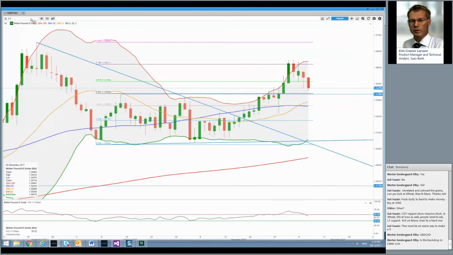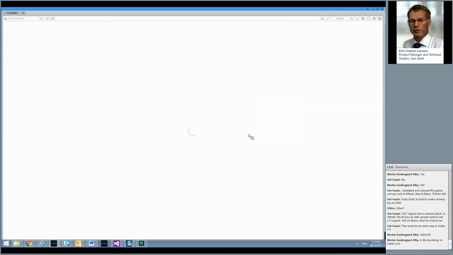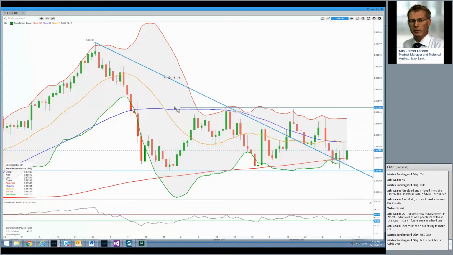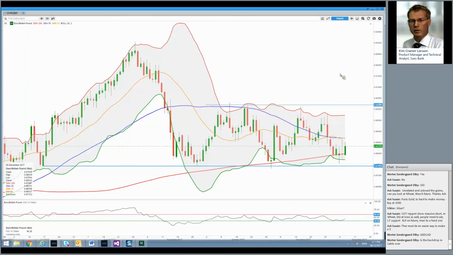Euro sterling, last time I looked at it was really boring actually. Just moving sideways, still does. In the beginning it also looked like it was a descending triangle, but not really. So what we have is an FX pair, euro against sterling, trading between 87.5 and 90.20-ish level.